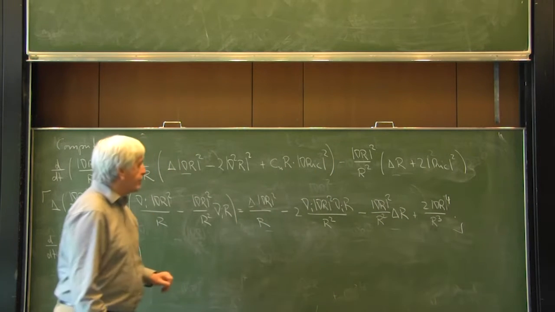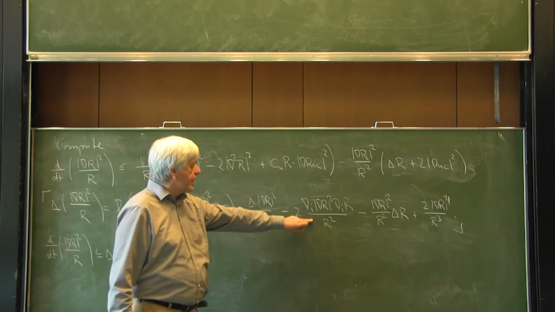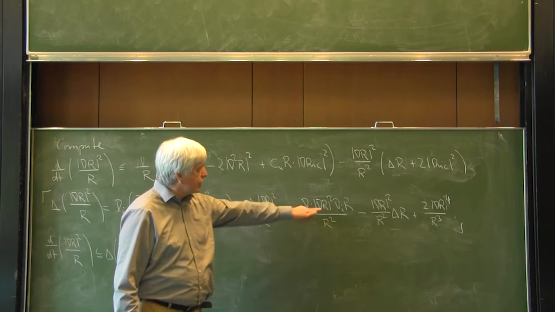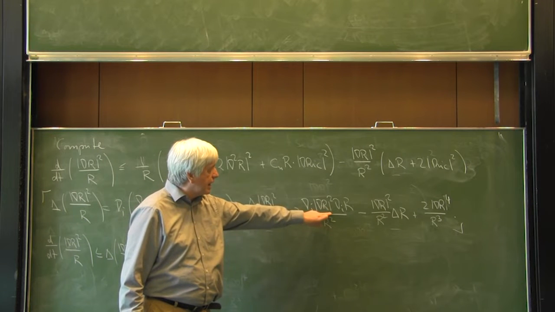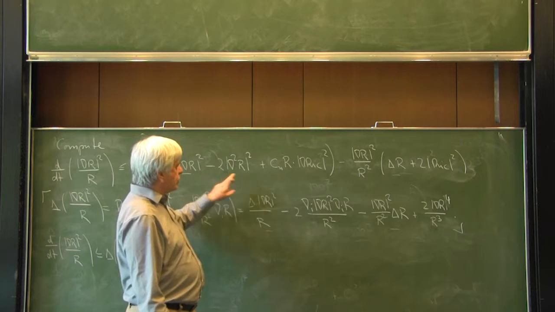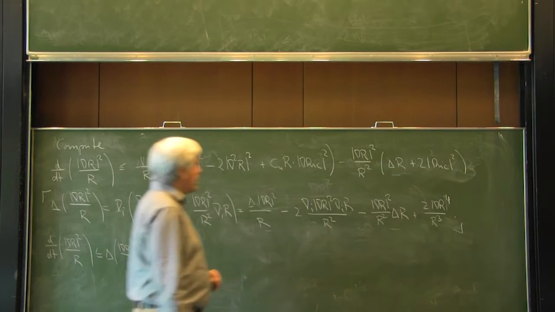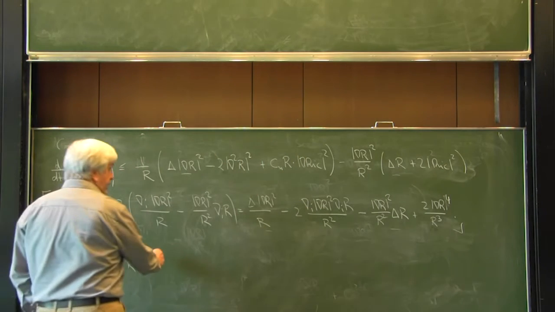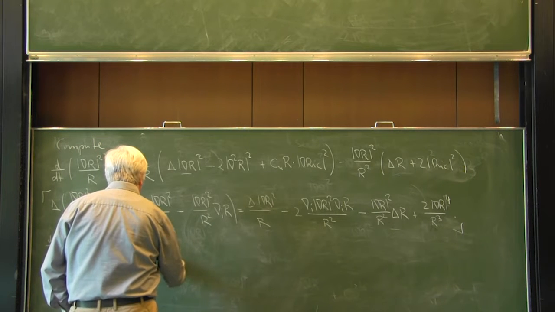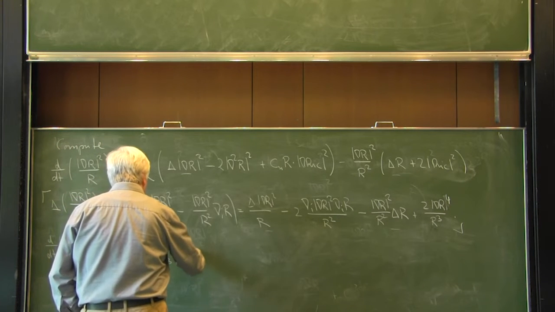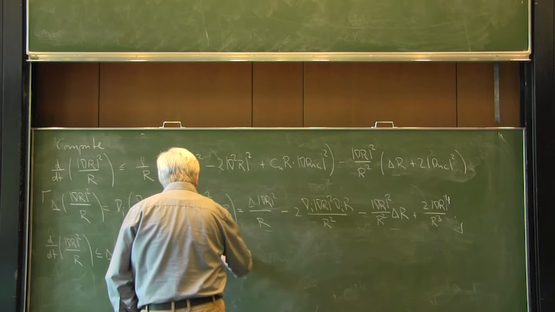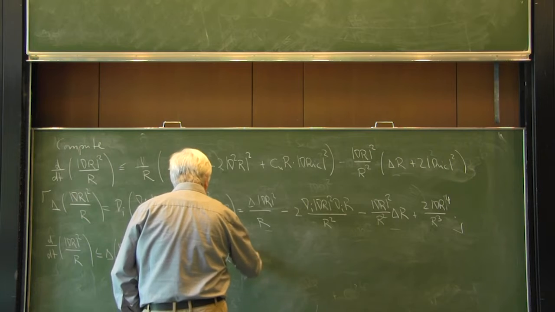On the other hand, we have this bad term here, this cross term, which is like 4 times the Hessian of R times gradient i R times gradient j R. So it turns out that the 2 good terms and this 1 bad term combine to a perfect square to give you minus 2 over R cubed times R times the Hessian minus gradient i R gradient j R, squared.